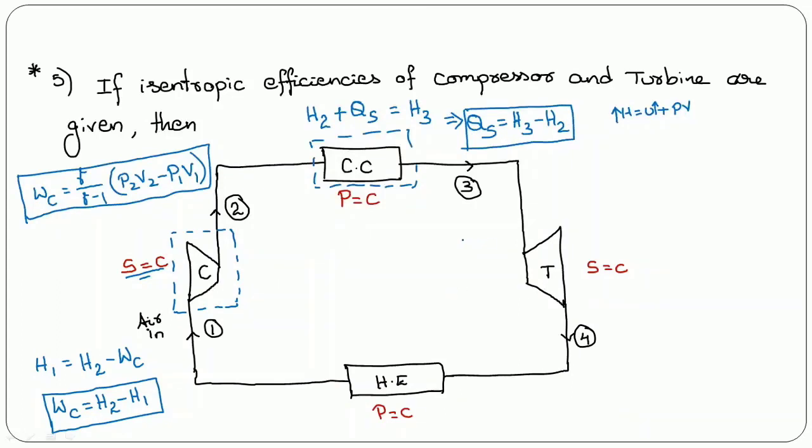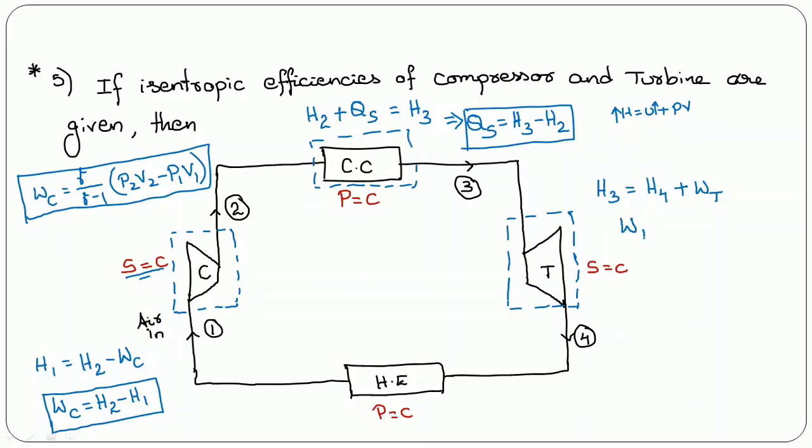Now this air, after getting heated up to a higher enthalpy H3, enters the turbine. In this turbine, isentropic expansion takes place. As a result of this isentropic expansion, the enthalpy decreases due to the drop in pressure as well as temperature, and as this is an isentropic process, heat losses to the surroundings will be zero, and there will be a certain amount of work output from the turbine.